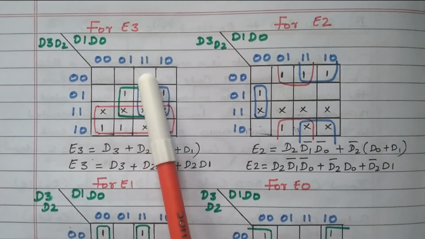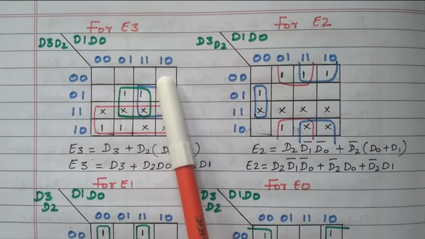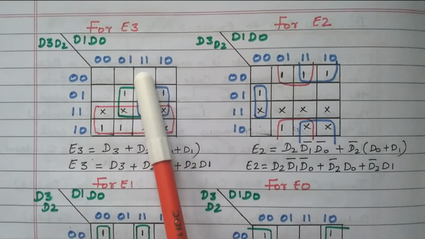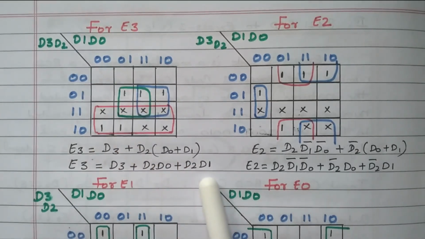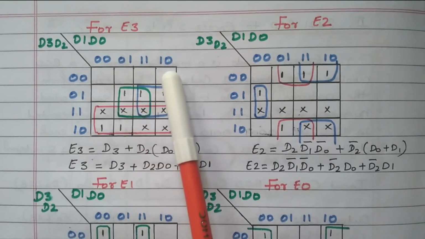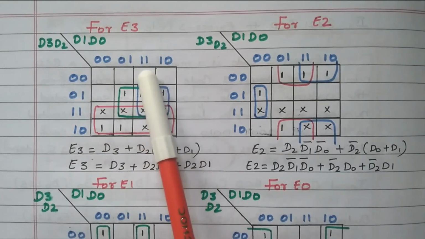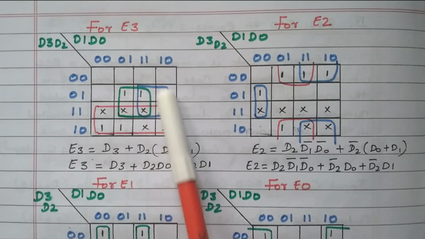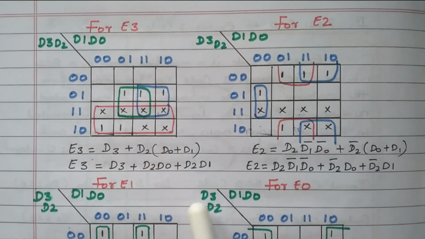What is available in the third column? 1, 1. Fourth column, 1, 0. The first number is available commonly, and that is D1. The second number, 1 and 0, got cancelled. So it is D1. For the green color we got D2 D0, and for the blue color we got D2 D1.